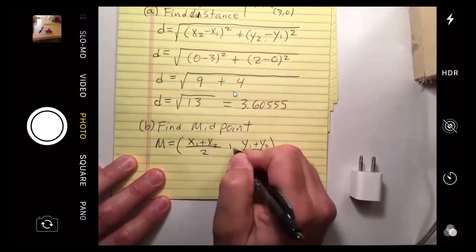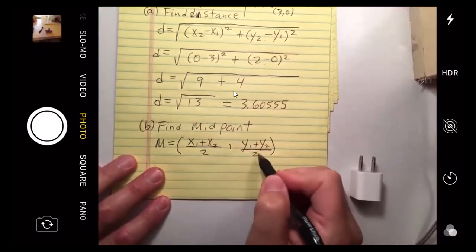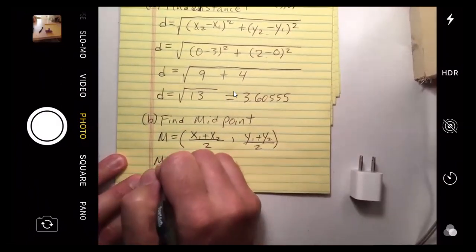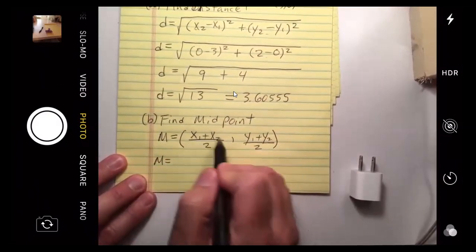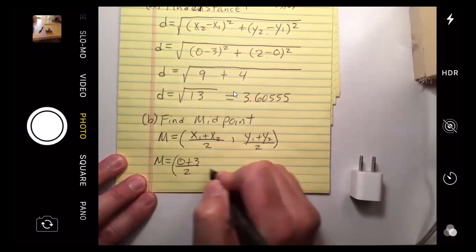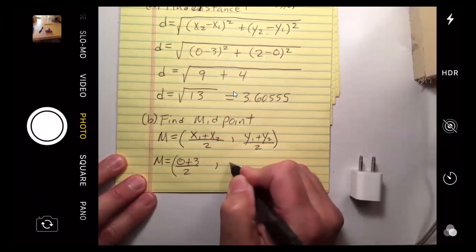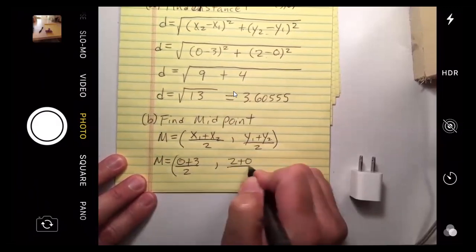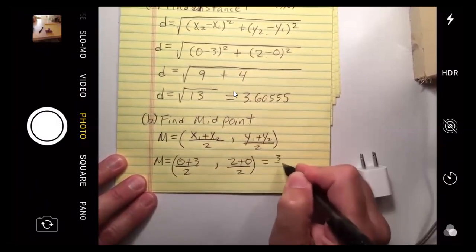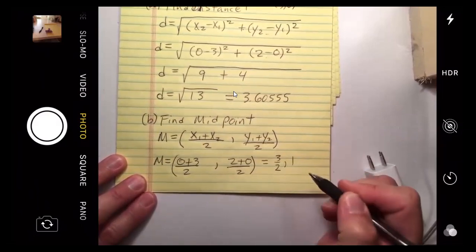Put a comma between them because you're getting an x coordinate and a y coordinate, and they are separate. You don't combine them. For these numbers, and again, it doesn't matter which x is which. 0 add 3 divided by 2. I guess we'll play the y. 2 add 0 divided by 2. And I wind up with 3 halves and 1.